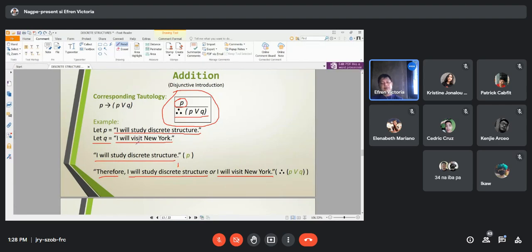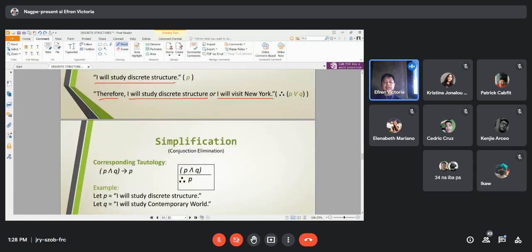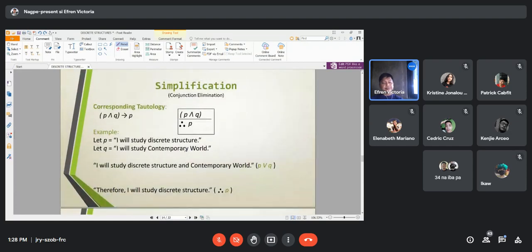Okay, so next is simplification. So the corresponding tautology: if P and Q, then P. So, ito yun. So, construct the following propositional variable to argument of simplification form.